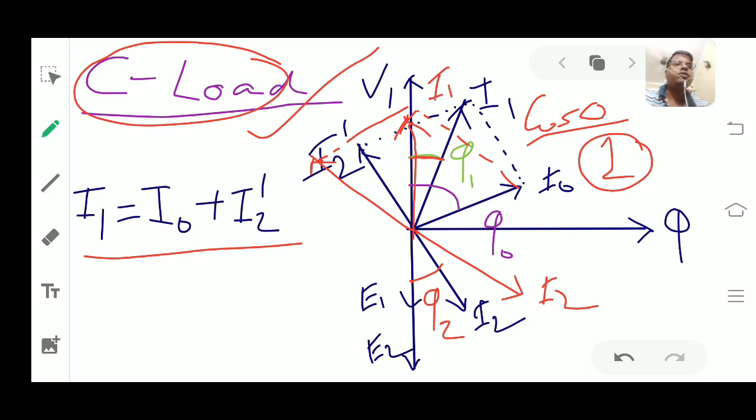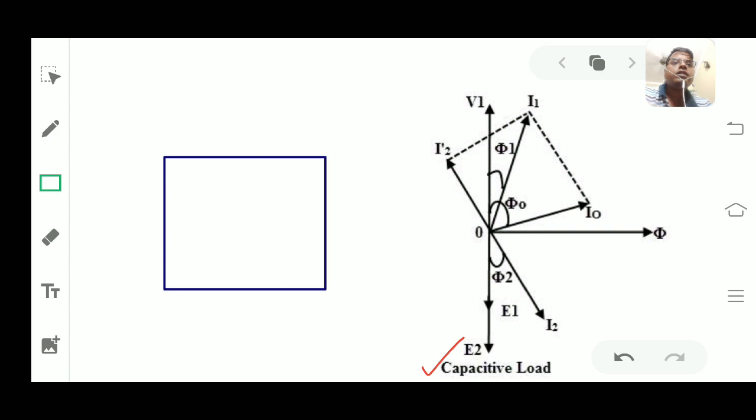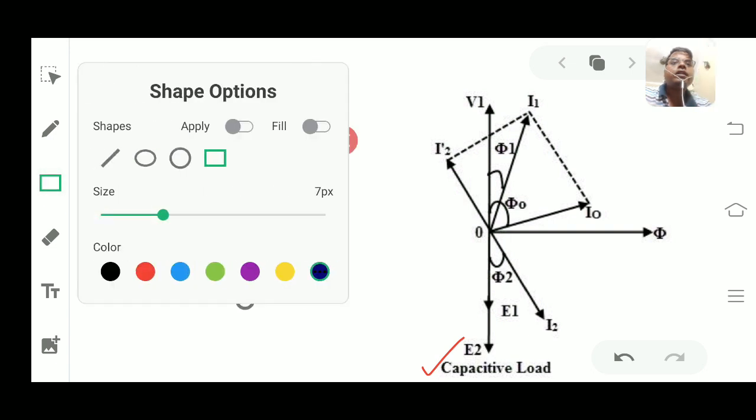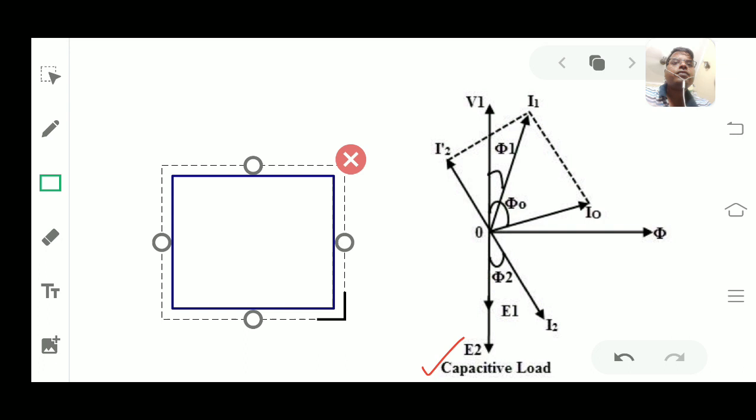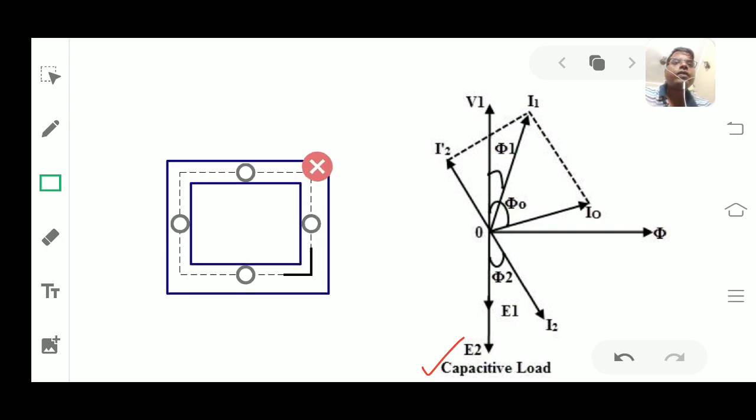So let us see a more clear picture for this one. Now as you can see, this is the clearer picture for the phasor diagram of capacitive load. So in capacitive load, we add capacitive load in the secondary.